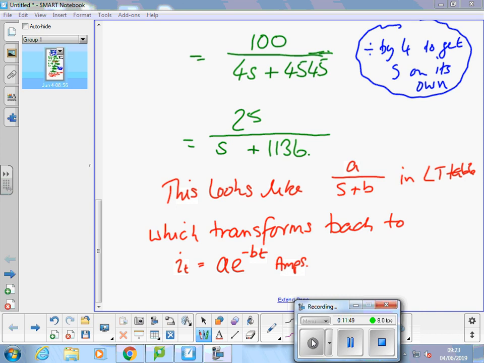So all the time you're doing your manipulation in the s domain, you're trying to get your function to look like one of these functions in the right hand side of the table so that you've got the constants to transfer back to the time domain.